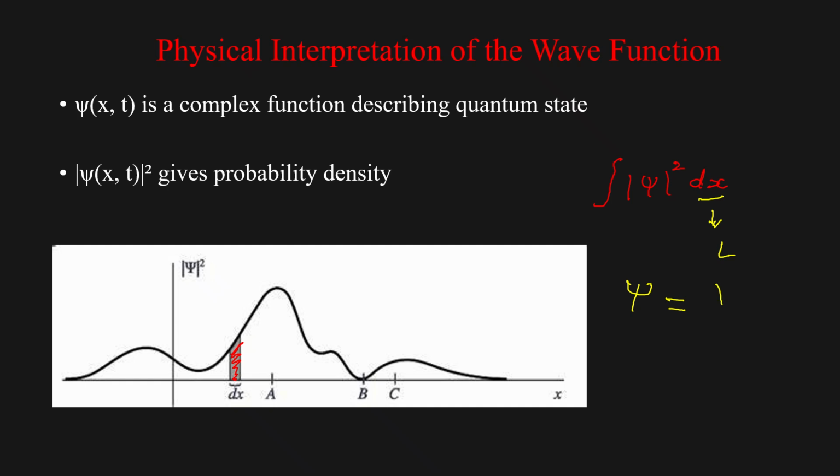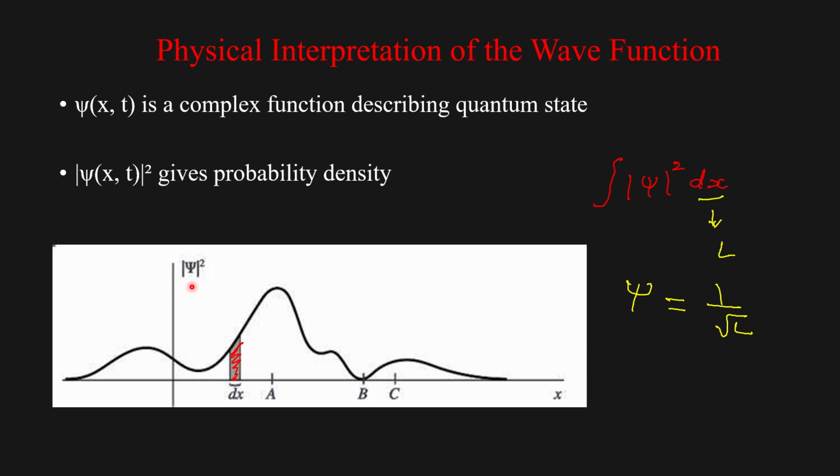Psi is 1 over square root of L. Then only if you take the square, you will get 1 over L and L will get cancelled. This is a dimensionless quantity because probability is basically a dimensionless quantity. It varies from 0 to 1. This will give you the probability density. We will discuss what is probability density at a later stage.